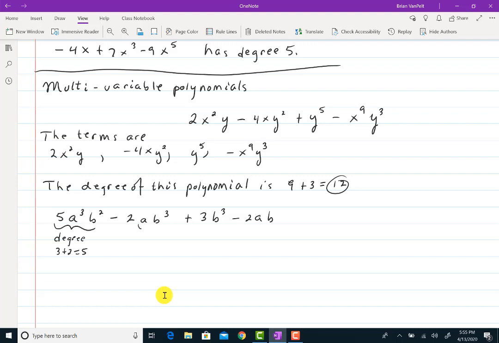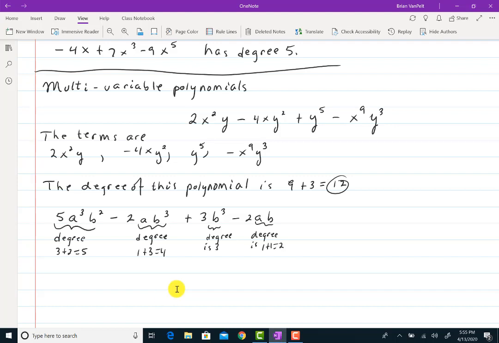For this piece here, the degree on that one is 1 plus 3 equals 4. This one speaks by itself. The degree is 3. And then this last one here, the degree is 1 plus 1 equals 2.